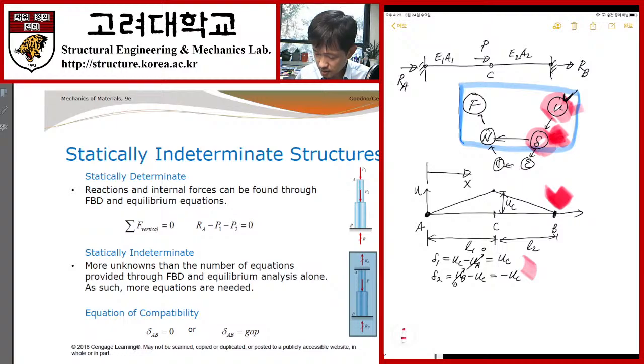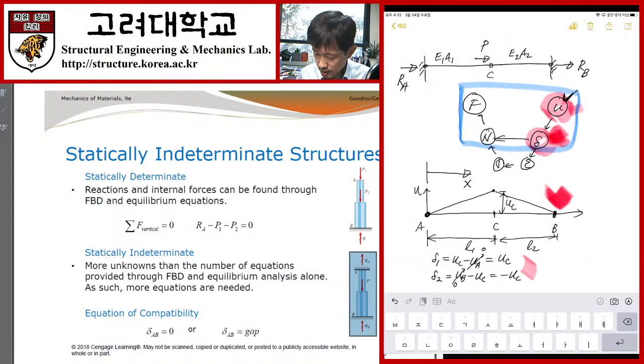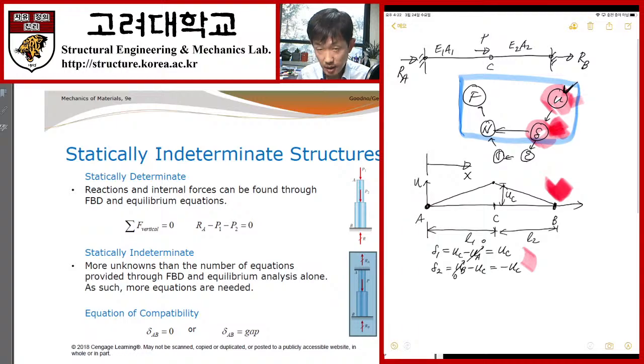The next step is we need to calculate the internal force. This is very easy, easiest: 1, 2, 3. Do not consider many equations at the same time. Always consider one equation in one step.